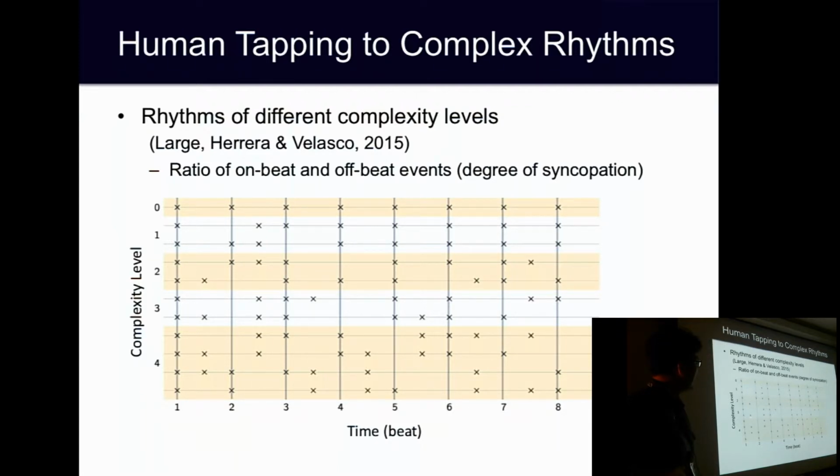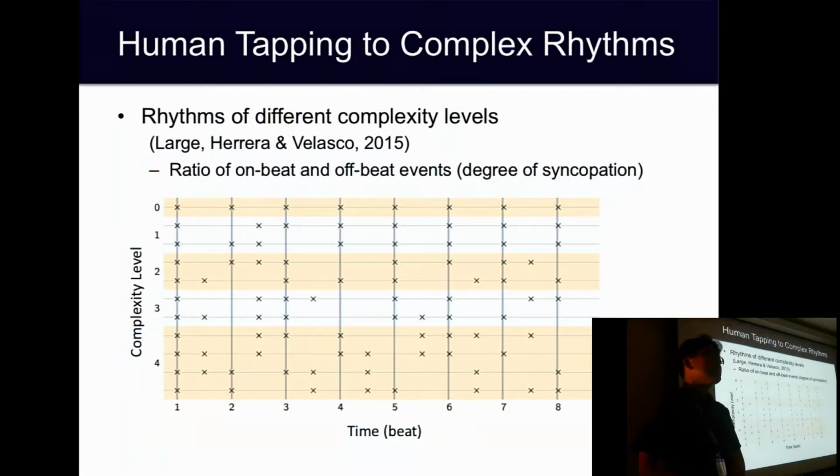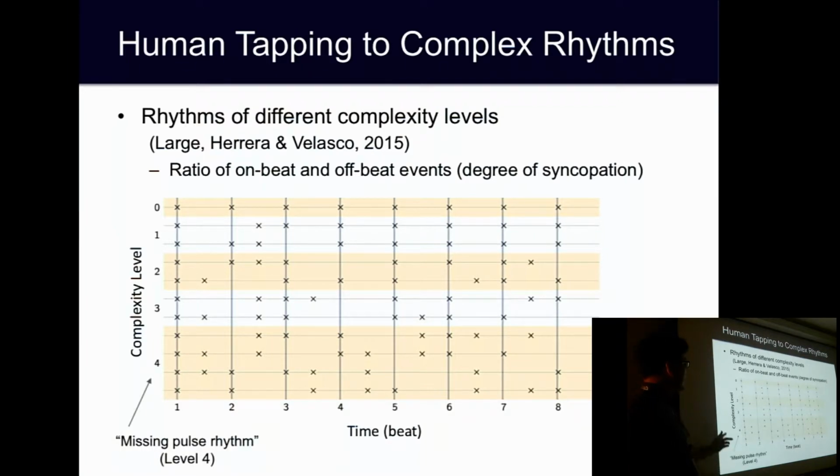Level 3 has 3, and level 4 has 4 off-beat events. Since there are 8 events, there are 4 on-beat events and 4 off-beat events. So then where is the beat, actually? This is why these level 4 stimuli are called missing pulse rhythms, because if you do the FFT, there's no energy at this beat frequency.